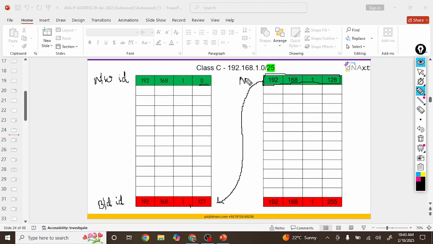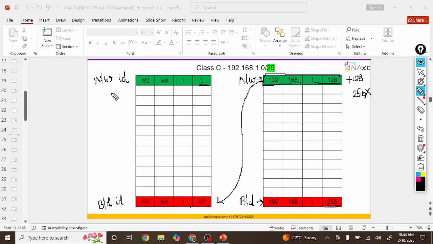This is the network ID for the second subnetwork, and this is the broadcast ID for the second subnetwork, that is 192.168.1.255, because if you add 128 over here, that will become 256, which is not possible. So the previous IP address, 1.255, is the broadcast ID for your second subnetwork.